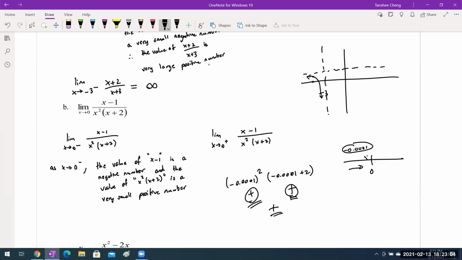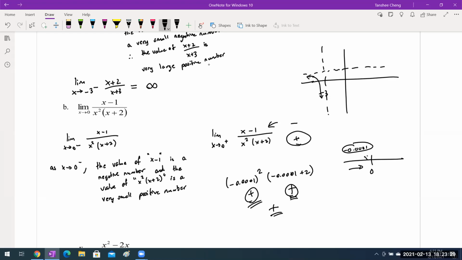So now I can see that the numerator is a negative number, and the denominator is a very small positive number. A negative number, with absolute value greater than 1, divided by a very small positive number gives what output? A very large negative number.